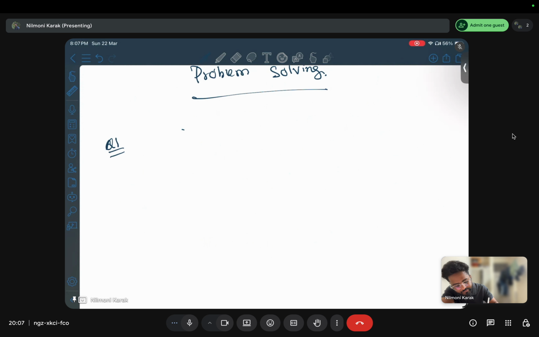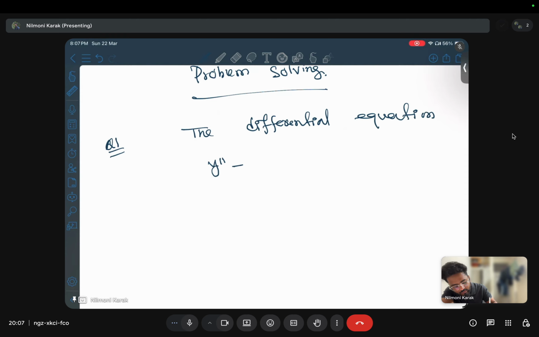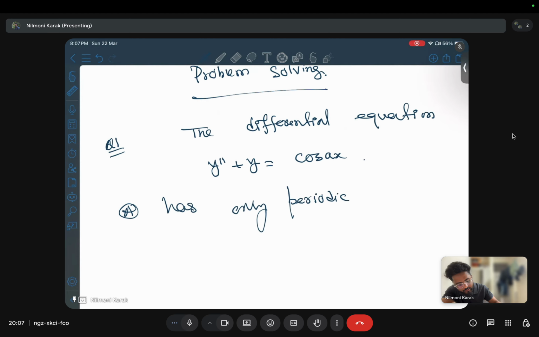Question 1. The differential equation y'' + y = cos ax: A, has only periodic solutions for all rational values of a.